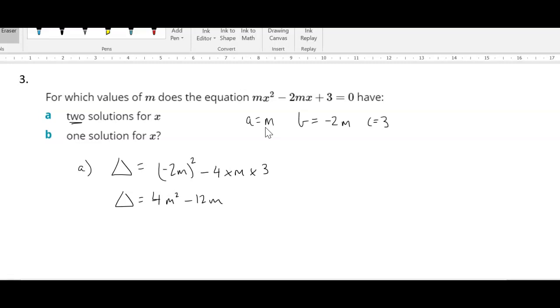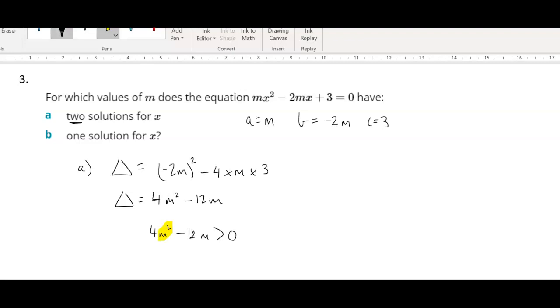All right, so we have, for two solutions, 4m squared minus 12m is greater than 0. Now, the problem with this is if we were to solve this, we're going to get m has to be greater than 0 or m has to be greater than 3. But when you think about it, m being greater than 3 is also greater than 0. But the problem with something like that is this m squared.